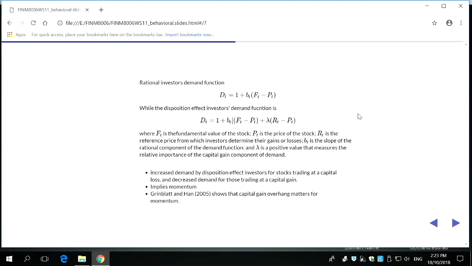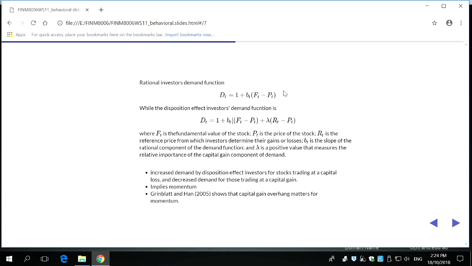So to put things into a little bit more of a framework, if you are a rational investor, your demand will depend on F minus P. F will be the fundamental value of the stock, P is the price. So if the fundamental value is more than the price, you'll have more demand for the stock.